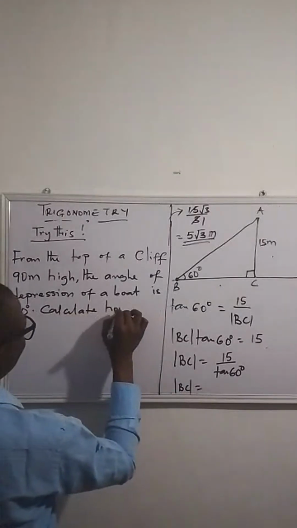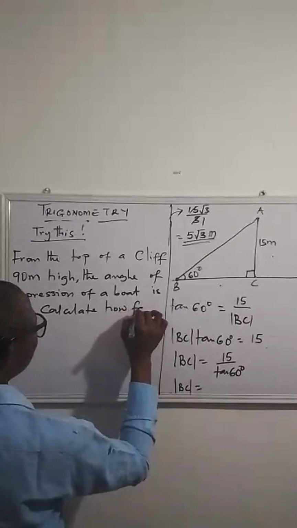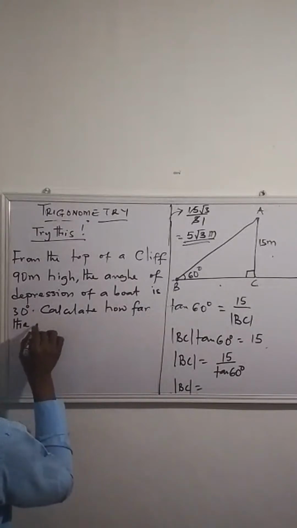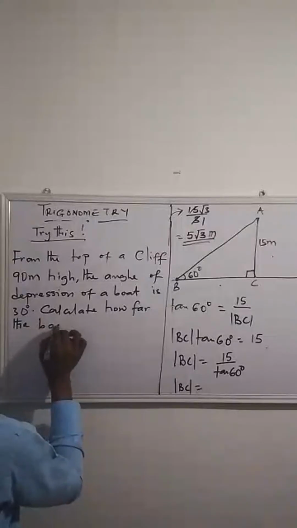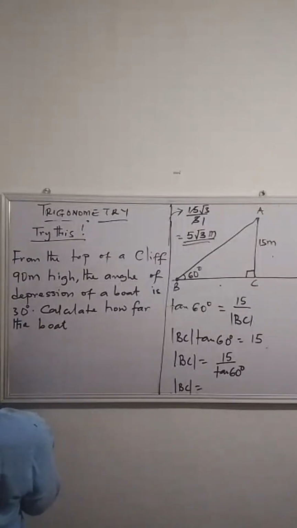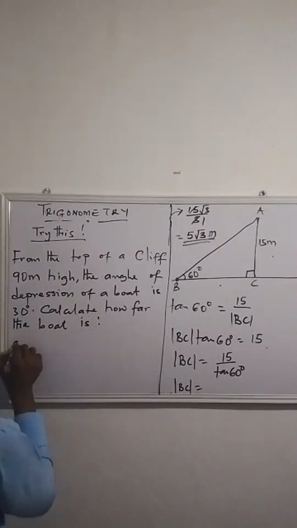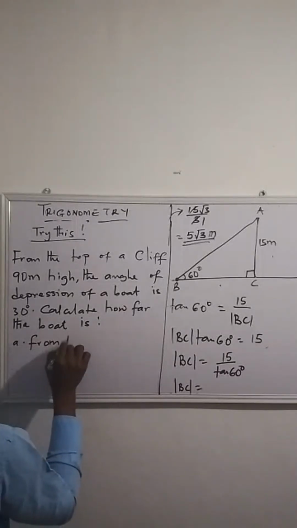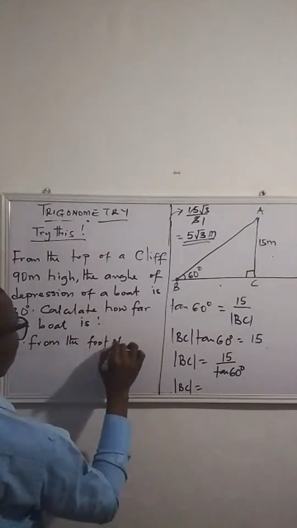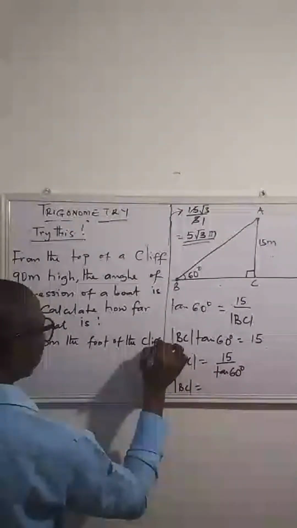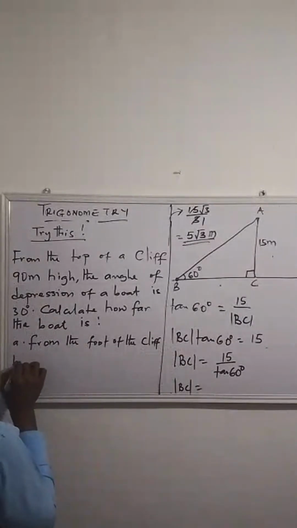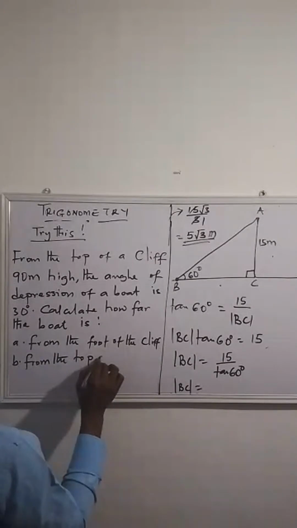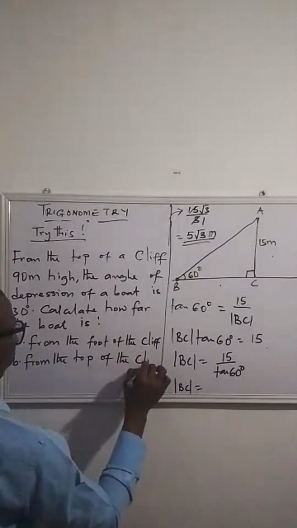Calculate how far the boat is, A, from the foot of the cliff, B, from the top of the cliff.